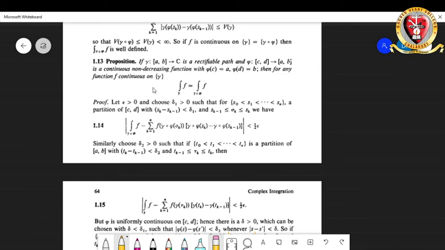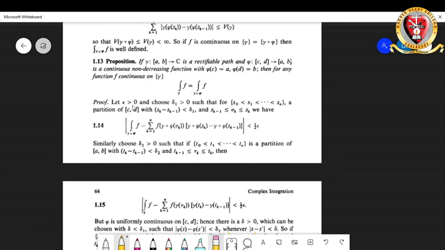Then for any function f continuous on the trace, integral over gamma f is equal to integral over gamma composition phi of f.